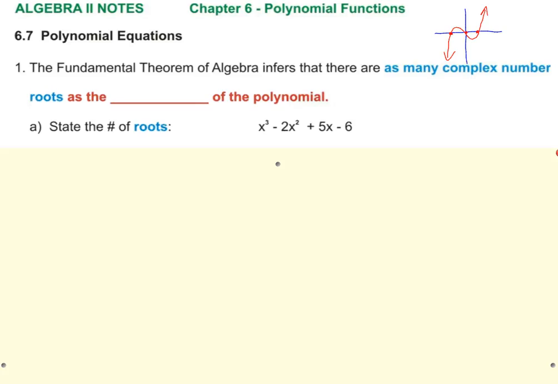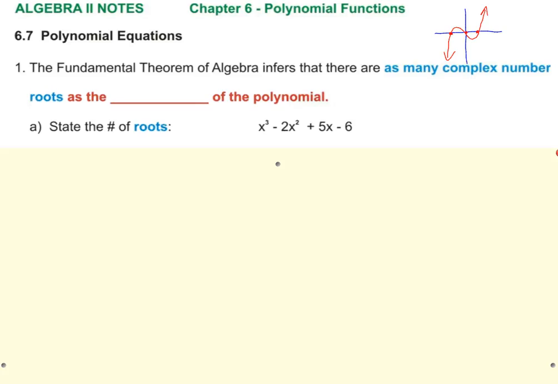In solving a polynomial equation, you only have one variable, right? Let's go back and think of the chart, whether something's an equation or a function. Equation, one variable. Function, two variables, x and y. So with an equation, we're only going to have one variable, and so we're going to solve these polynomial equations.